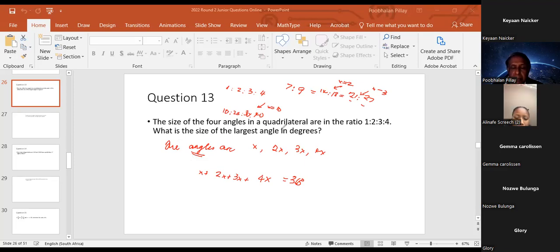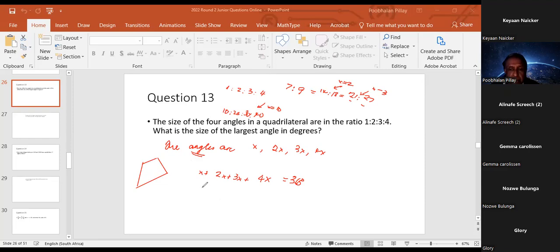Because the angles of a quadrilateral add up to 360. So you got the 4 angles are x, 2x, 3x, and 4x. And so you got an equation. The moment you got an equation, then you can solve for your unknown. In this case, you got 10x is equal to 360.